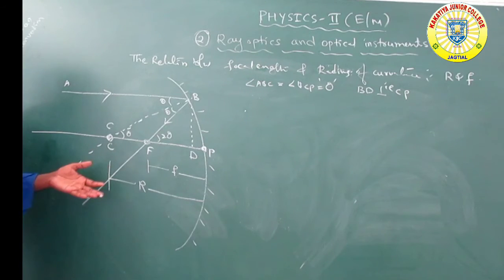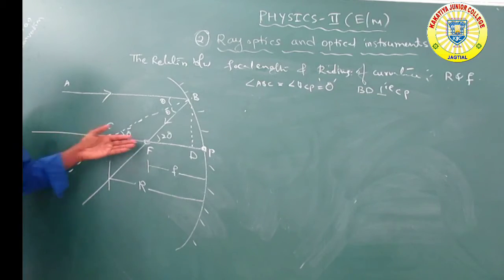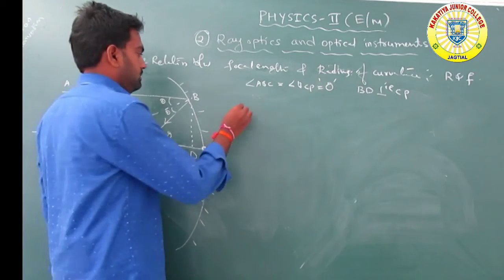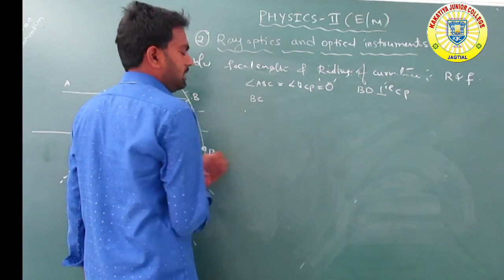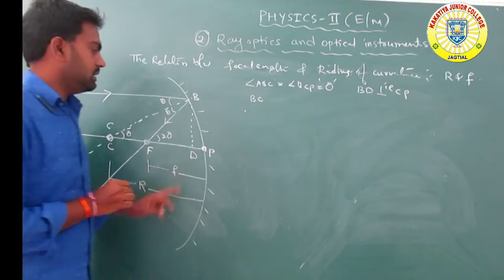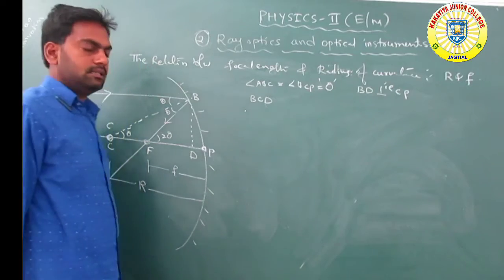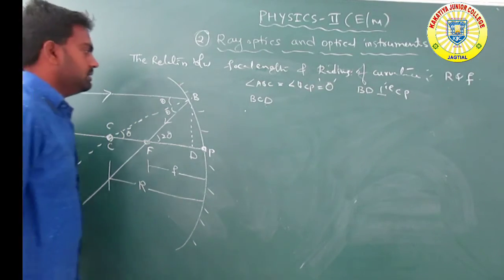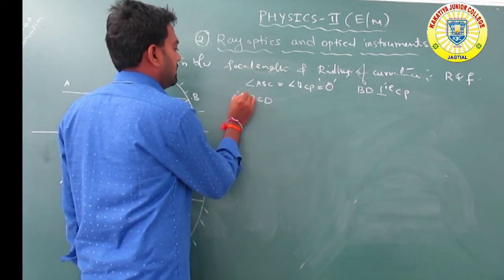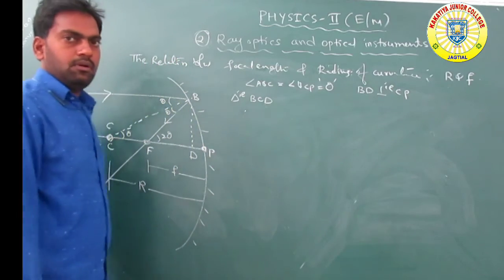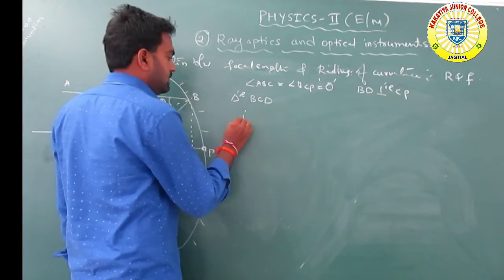Now consider the triangle BCD. Now tan theta is equal to opposite side by hypotenuse. The opposite side here is BD, and the hypotenuse is CD.